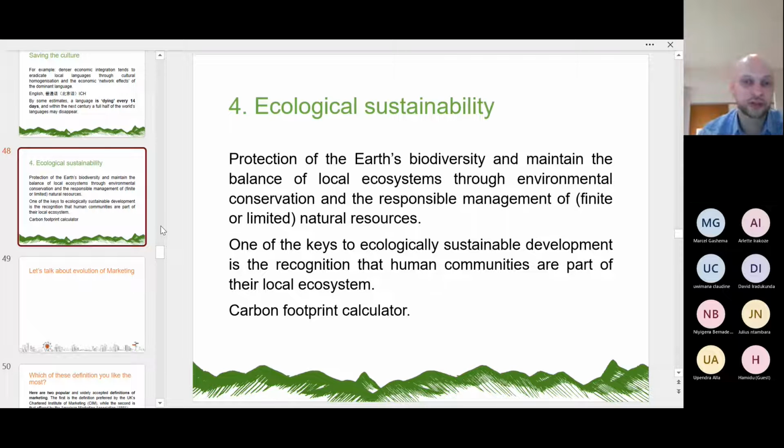And as you know, natural resources can be limited and renewable. Carbon footprint calculator. Okay, so I think if we have enough time, we can use a carbon footprint calculator to evaluate your carbon footprint.